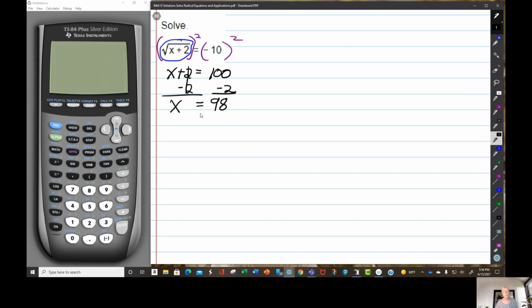I'll show you, I'll prove it. The square root of x plus 2 equals -10. Now, if x is really 98, I'll put 98 plus 2 in here, and I'll get negative 10.